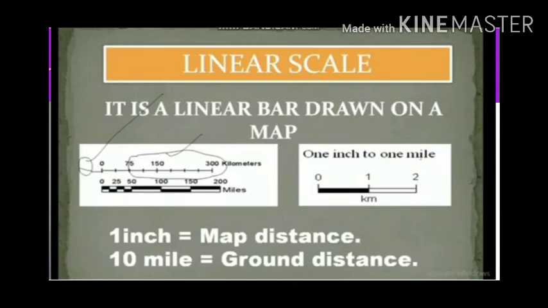Now this scale has 2 sections. The first section is before 0, circled in the picture, and the second section is after 0. On the right hand side, 1 inch to 1 mile, 0 to 1 kilometer and then 2. So 1 inch here equals the map distance, 10 mile equals the ground distance.